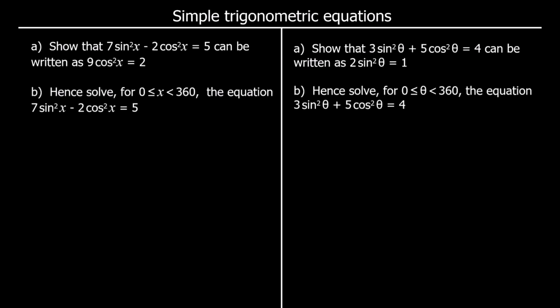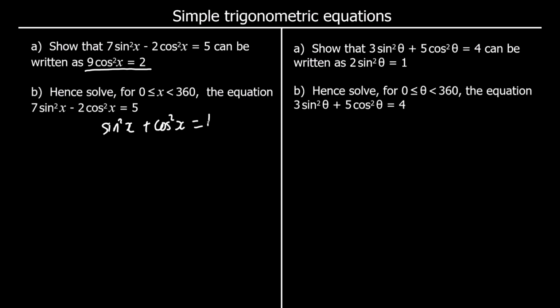This one says show that 7 sine squared x minus 2 cos squared x equals 5 can be written as 9 cos squared x equals 2. So we want to get rid of the sine squared x, and we can do that by using our identity. Sine squared x plus cos squared x equals 1.